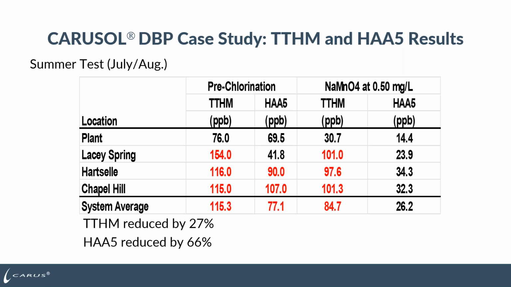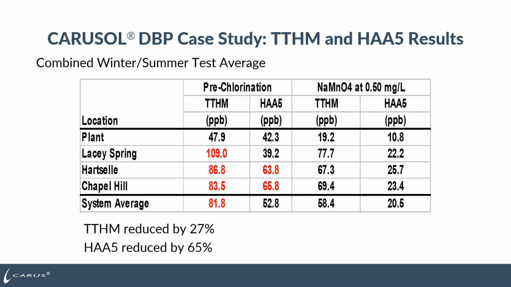But what we saw was this was their highest 2 months for THMs and HAAs in the system every year, based on history. We were still seeing about a 30% reduction in THMs by the change, and HAAs were going to be reduced by about 60%. So it got a little bit better in the summer months for HAA reduction.